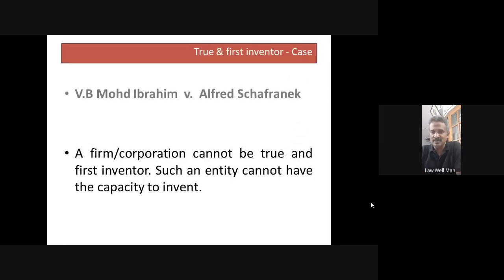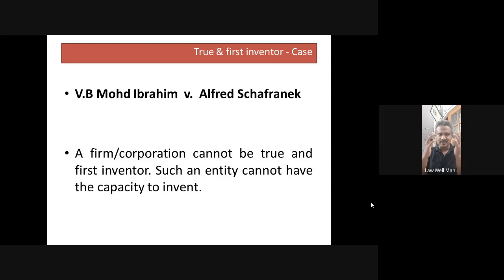And there is a case which is important, but I won't go into the facts and circumstances of the case. The point here is that a firm, corporation, or a legal person cannot be a true and first inventor. An inventor can only be a human being with flesh and blood like you and me. Such an entity cannot have the capacity to invent.